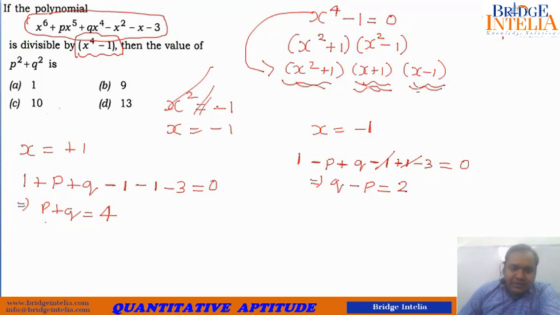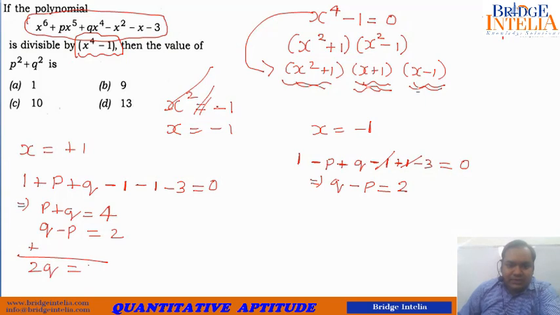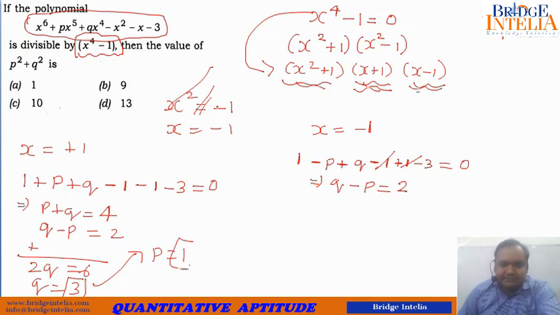Okay, fine. So q minus p comes out to be equal to 2. So if you add these two, you will get 2q is equal to 6, or q is equal to 3. So if q is equal to 3, based on this, you can see that p must be equal to 1. So q comes out to be equal to 3, p comes out to be equal to 1.